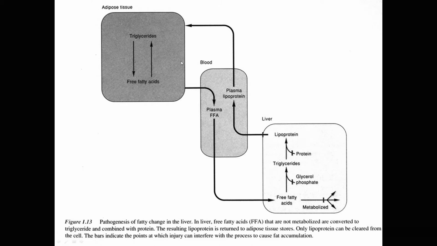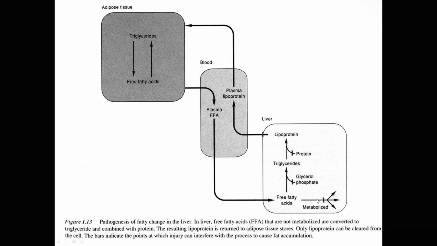This is the turnover of lipids in our body: the adipocyte, the plasma free fatty acid level, and here the liver. The liver cells are metabolizing the free fatty acids or synthesizing triglycerides and assembling lipoproteins. Lipoprotein is the only form under which lipids are exported from the liver, thus generating a plasma level of lipoproteins.